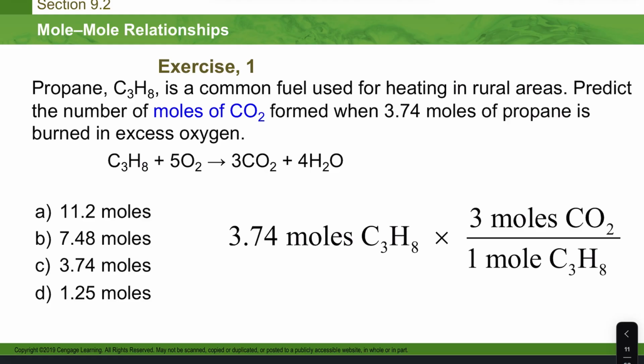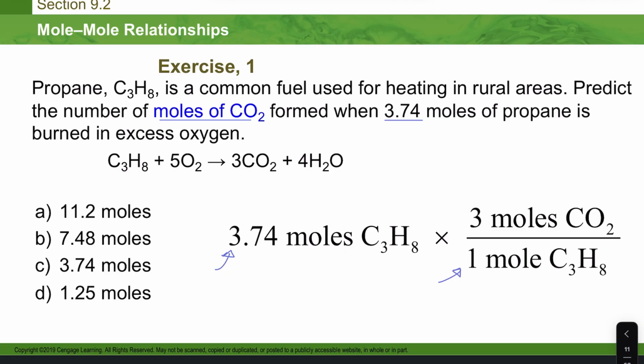Okay, so propane, a common fuel used for heating in rural areas. We want to know the number of moles of CO2 formed when 3.74 moles of propane is burned with excess oxygen. And so this is how we will start. We'll start with the number that we have, 3.74 moles of C3H8.